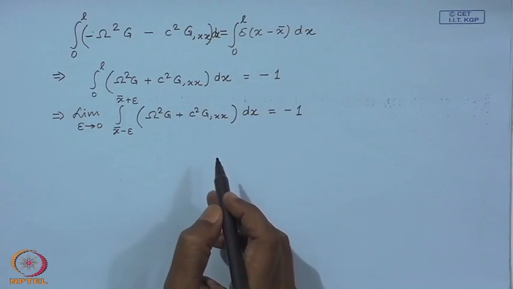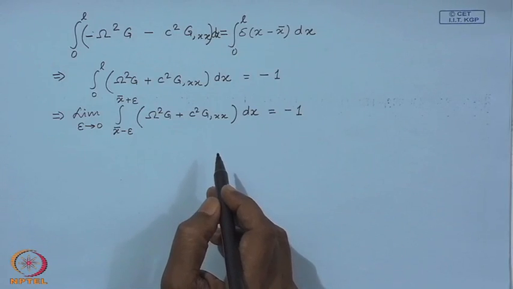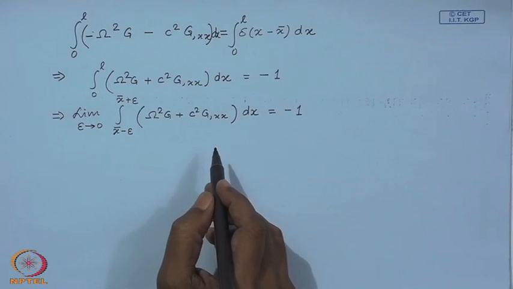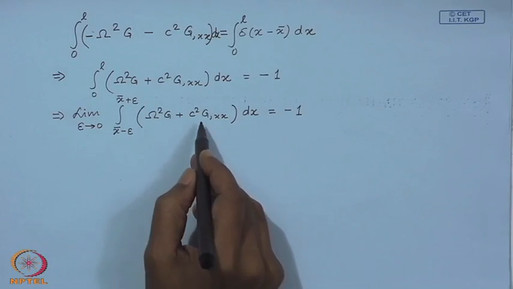Now, the string does not resist bending moment, so it can have a slope discontinuity.